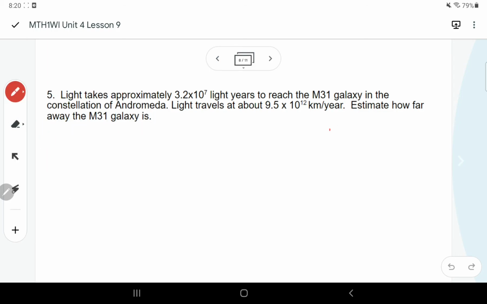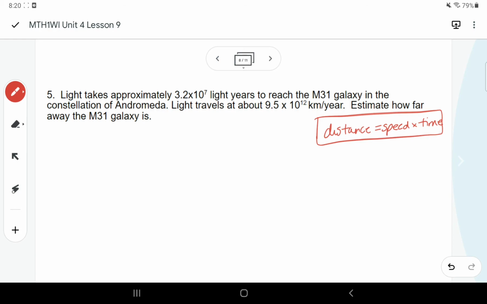So for this, you're going to need to know that distance equals speed times time. And I think that makes sense to a lot of people in straightforward real life scenarios. But sometimes when you get big numbers like this, it can be harder to picture.